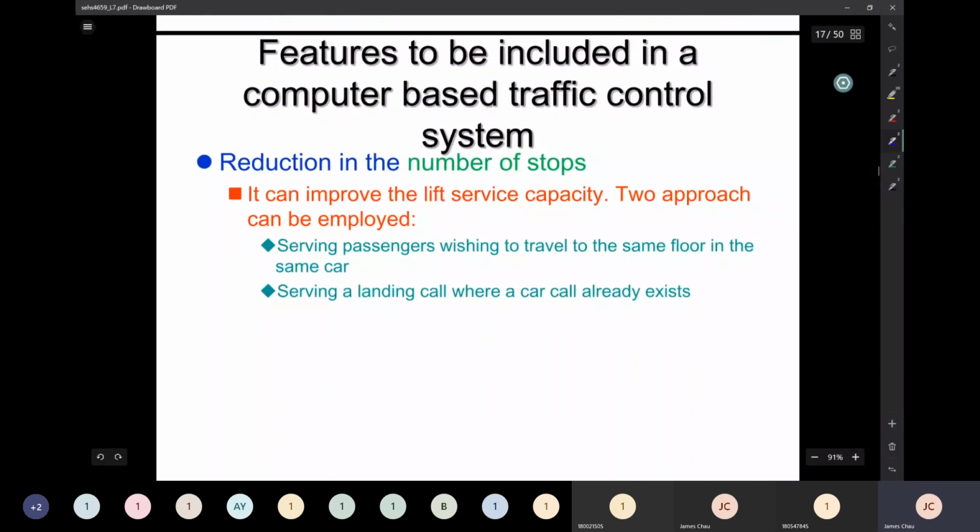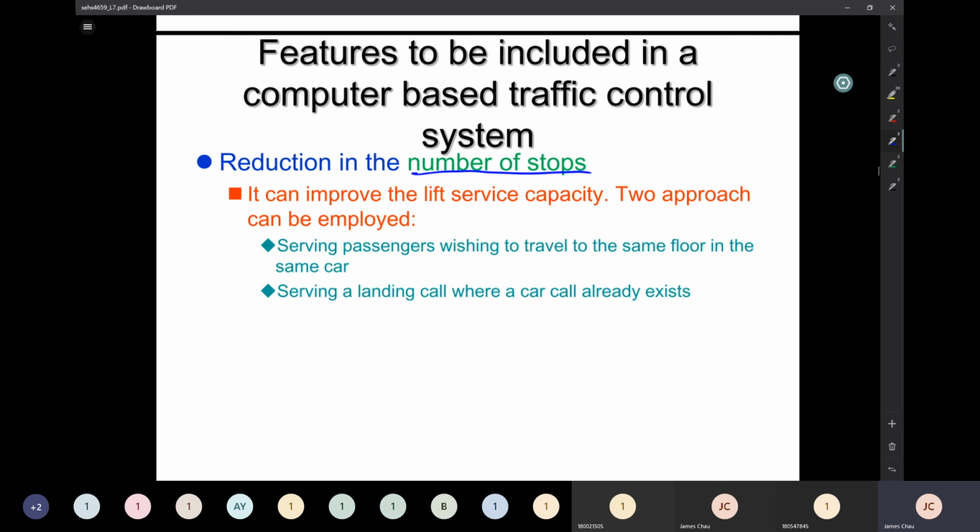Also, another feature of the computer-based traffic control system is that we reduce the number of stops during lift traffic. It can undoubtedly improve the lift service capacity, because you can imagine that if the passenger can go to the desired floor without any stop, it should give a good experience.